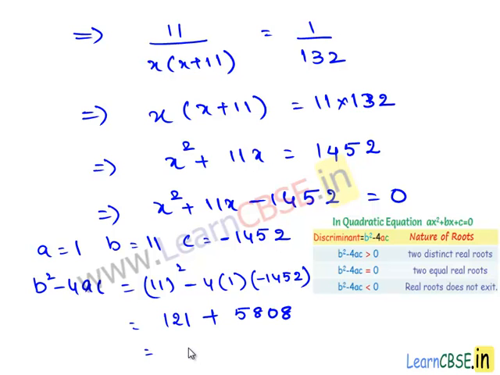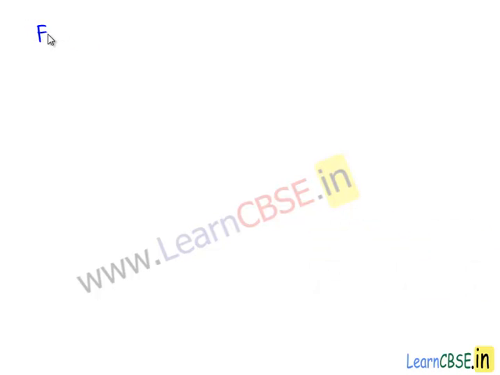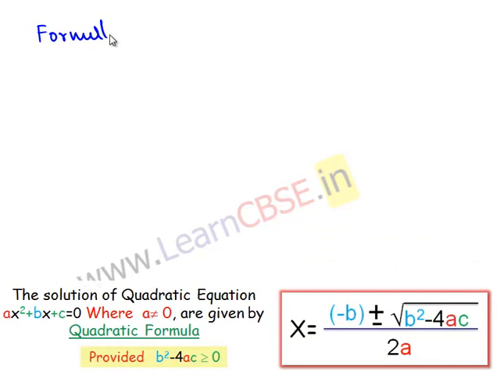So on adding, we have the value of b square minus 4ac is 5929.